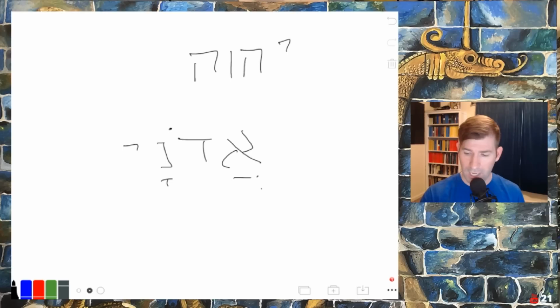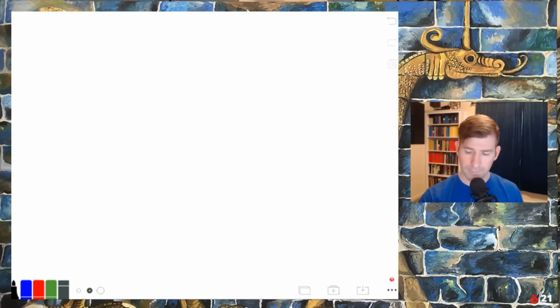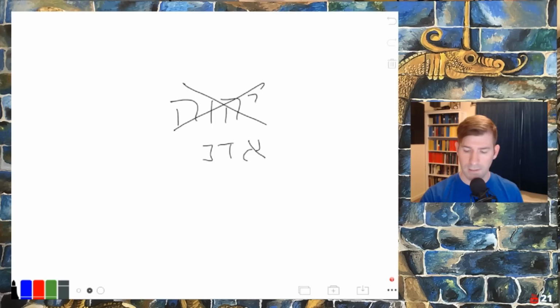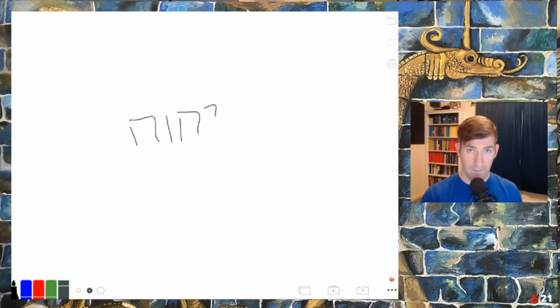But what they didn't want to do is actually change the text. So if they were copying out the Hebrew text and this word came up, what they didn't want to do was take those consonants out and put these consonants in. They didn't want to do that. What they did is they left these four letters in the text, right? So you had the text like this.